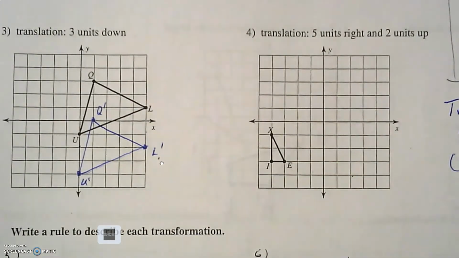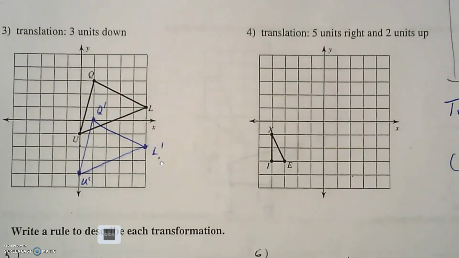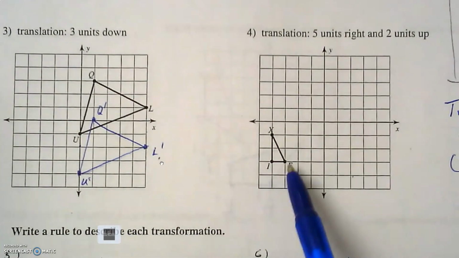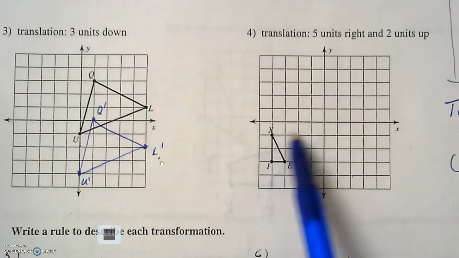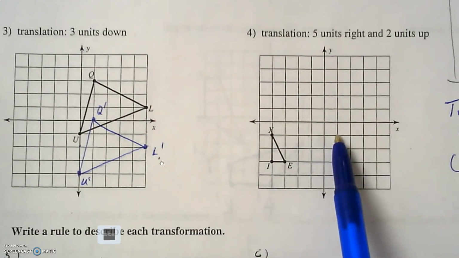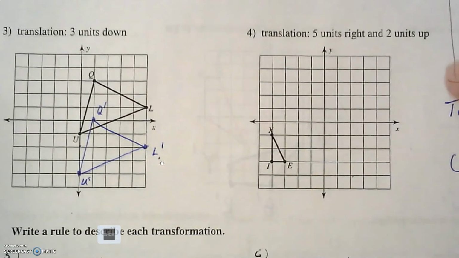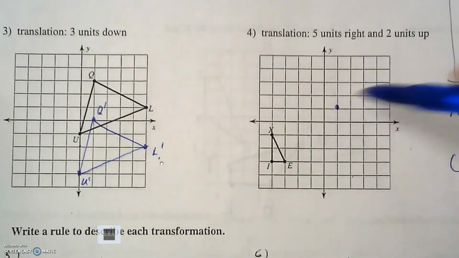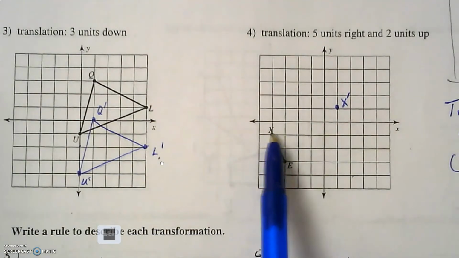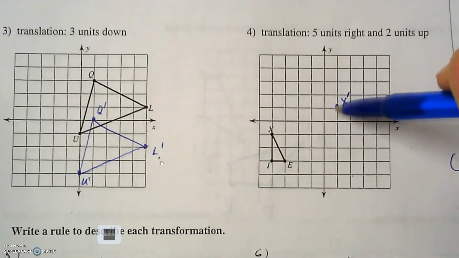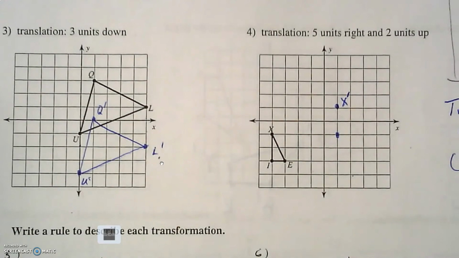So number 4, 5 units right and 2 units up. So I'll just start with point X. 1, 2, 3, 4, 5, 1, 2. That is my new point X. That will be X prime. Now look, point I is down 2. I prime will also be down 2.